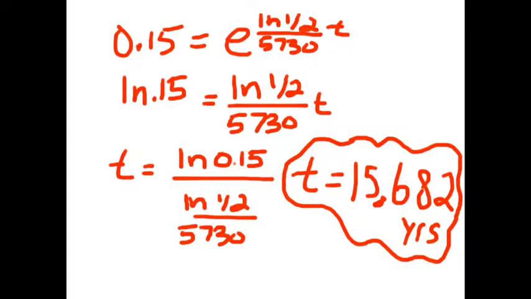You take the ln of both sides to get rid of that e, and then you divide by the ln of 1/2 divided by 5,730 to isolate t. Now with t isolated, you just plug it into your calculator and solve. So now t equals 15,682 years.